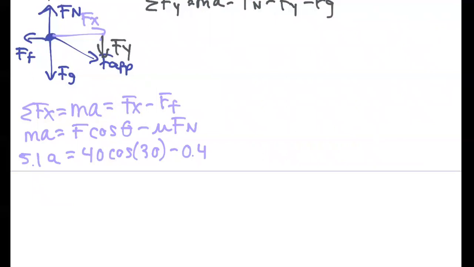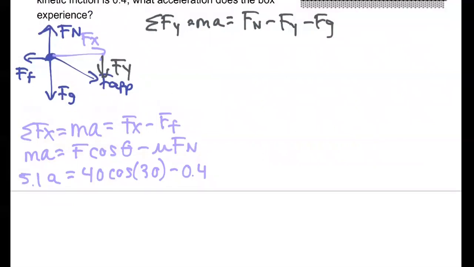So we need to figure out normal force using the vertical direction. M times A. My object's not going to suddenly accelerate off the ground, so we've got 0 here, equals Fn minus Fy, but Fy is really F sine theta, because we can do some trig there, minus Fg. And we want that normal force.